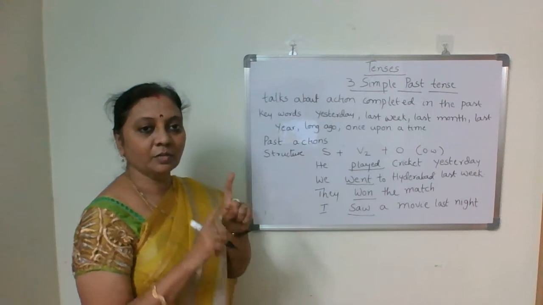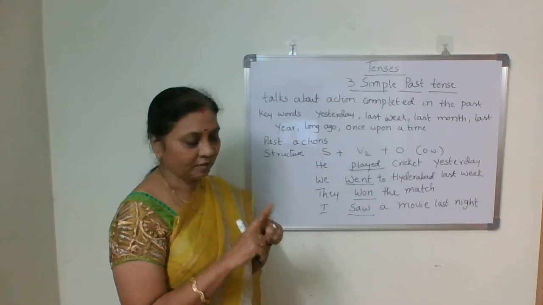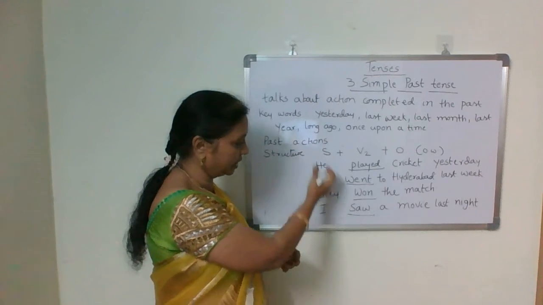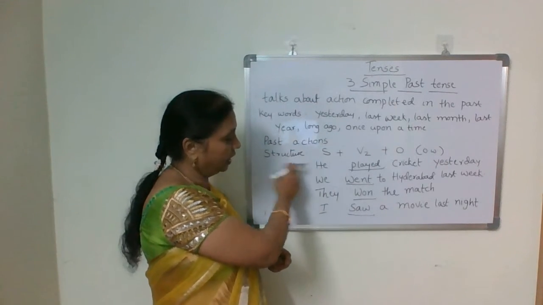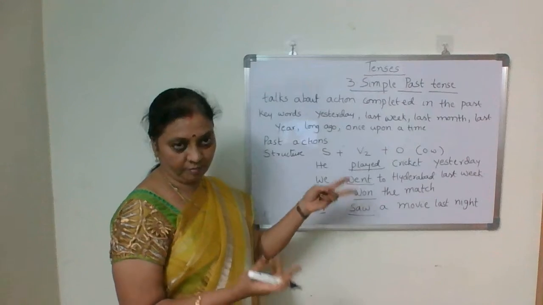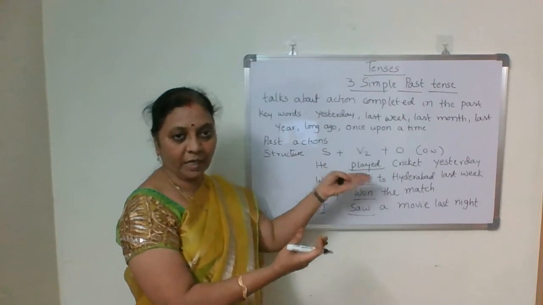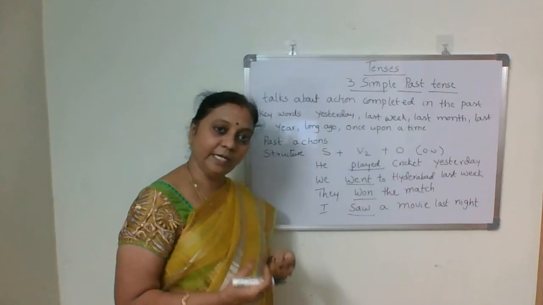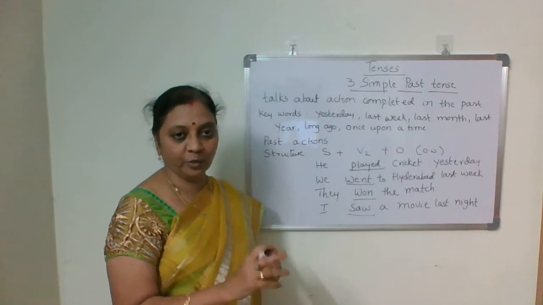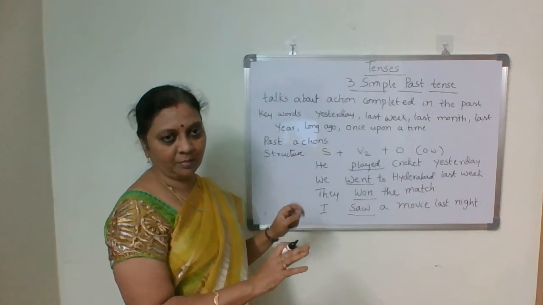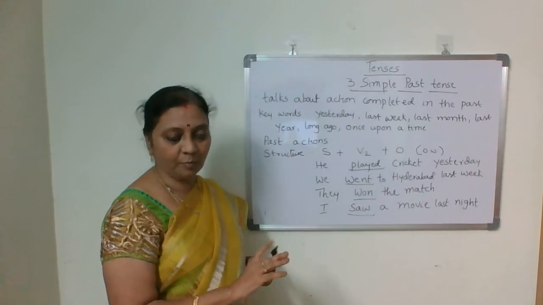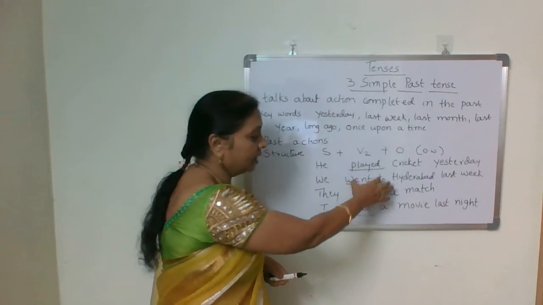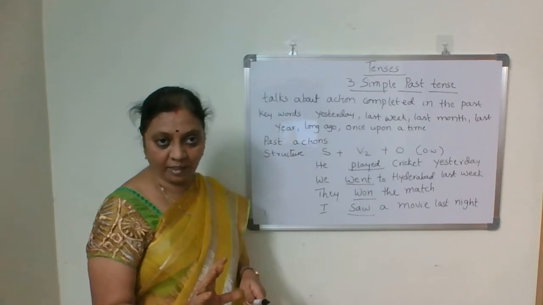Whereas in simple past, irrespective of the subject, it is only one word. For he also played, she also played, it also played, or I, we, you, they, all subjects, any nouns or pronouns, this V2 form is the same.